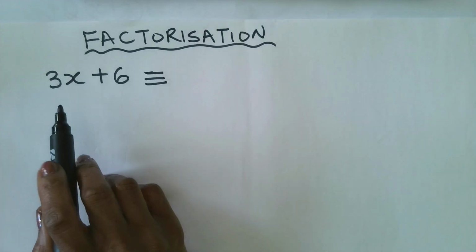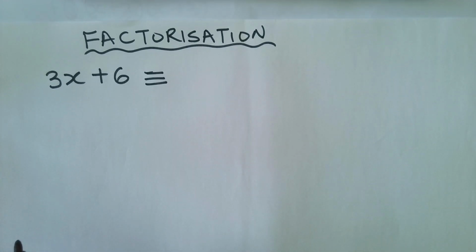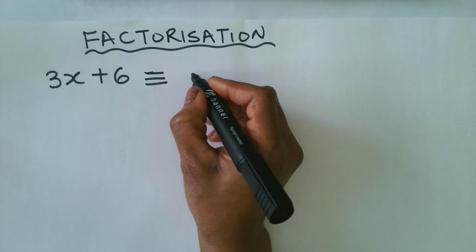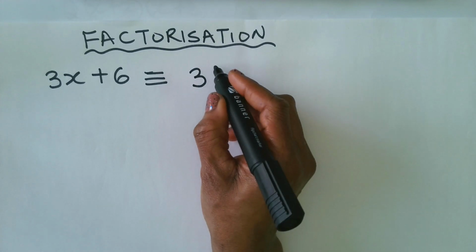To factorize this expression, we're going to find a number that is common to both. In other words, we're going to be looking at the highest common factor of 3 and 6, and that will be 3.